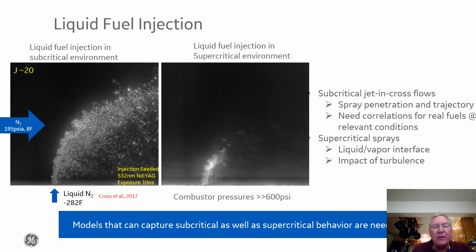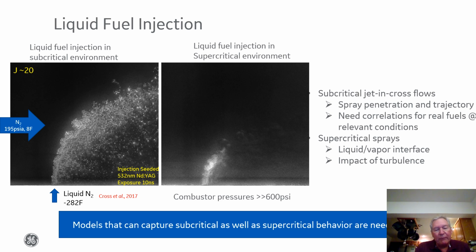And so the way the fuel mixes, changes phase, and ultimately burns is of great importance. In these two images, I'm just showing an example of some measurements that we did in our laboratory using nitrogen as a sort of a fuel surrogate in a non-reacting experiment.